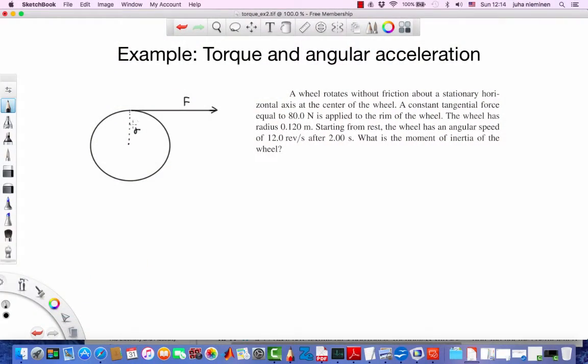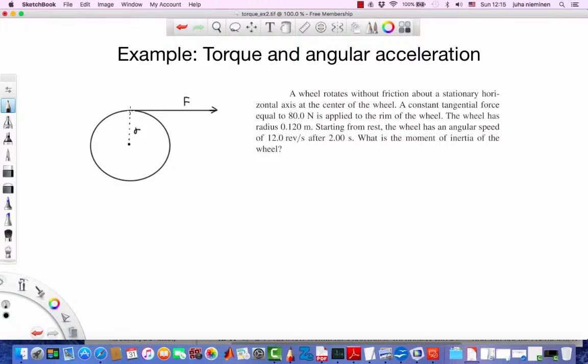In this problem, we have a wheel that is pivoted at the center and it rotates without friction. There will also be a constant tangential force, F, that is applied to the rim of the wheel.